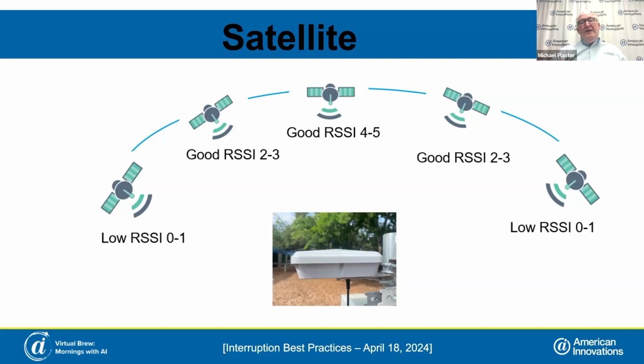So you may be waiting a little longer than 8 minutes for a verification when the satellite's not overhead. If the satellite's overhead, it can work just as quick as the cell unit. But sometimes you may have to wait 8 minutes, unfortunately, sometimes as long as 20, depending on where the satellites are.